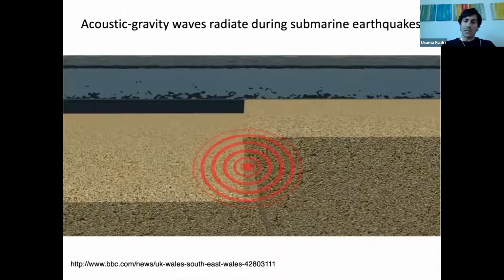Not only the acoustic gravity, but you can also think of the surface gravity wave, the tsunami, for example. We could also call it gravity acoustic, which means a surface gravity wave with a small correction due to the compressibility of the water.